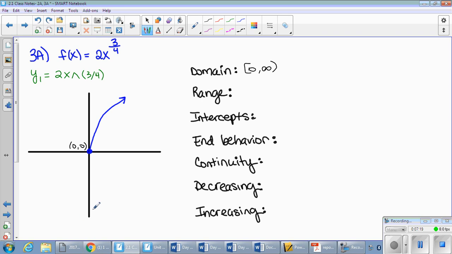No graph, no graph, no graph. Where does my graph start in terms of the y value? Also at 0, and then it goes up, up, up, up. So again, 0 to infinity. X and y intercept, shared. Intercept is at 0, 0. And we can make a note that's the x and y intercept.